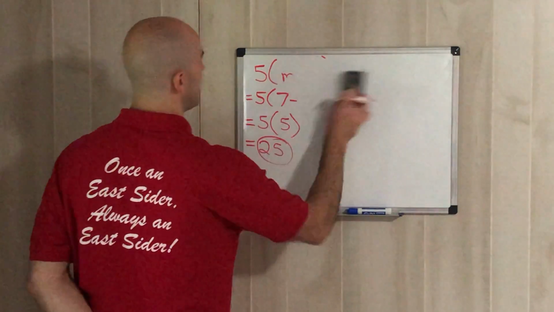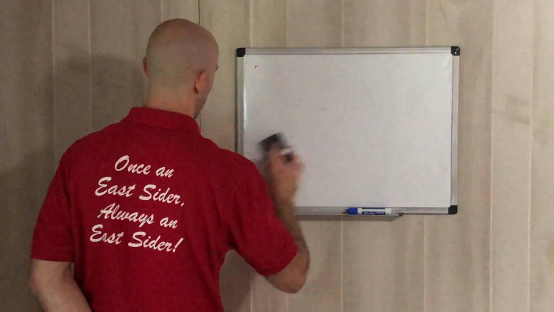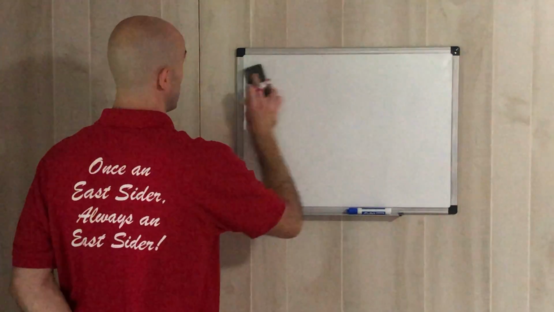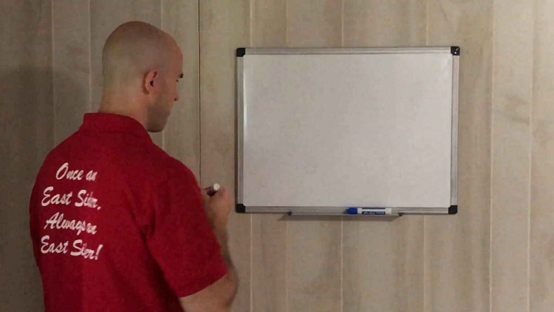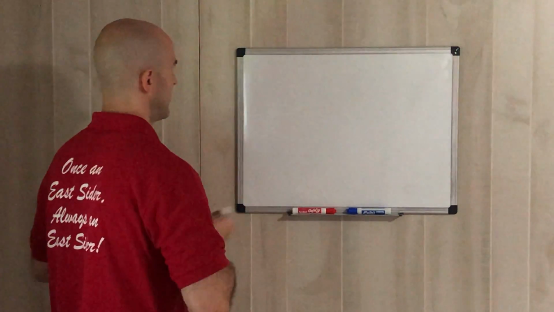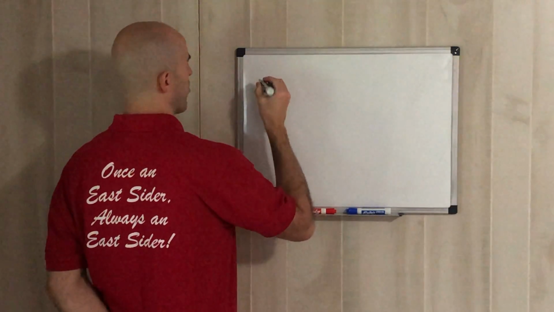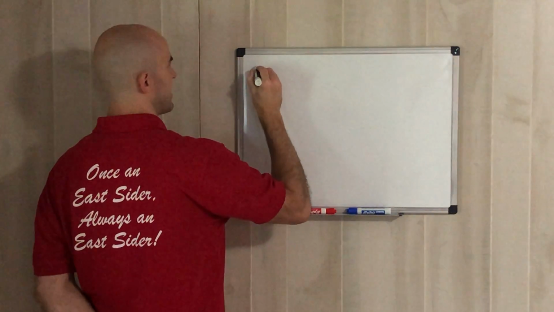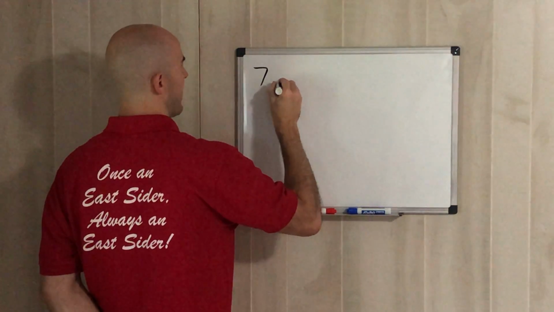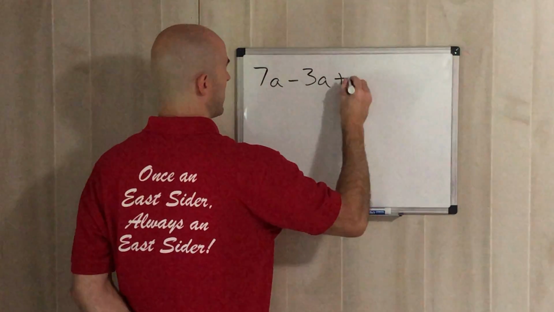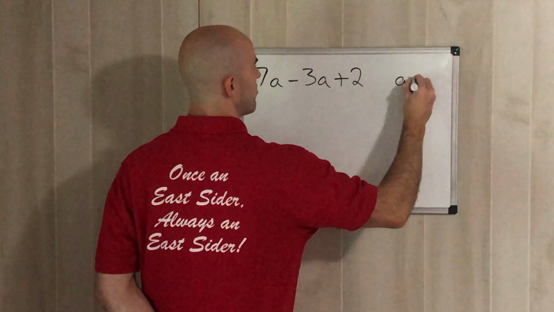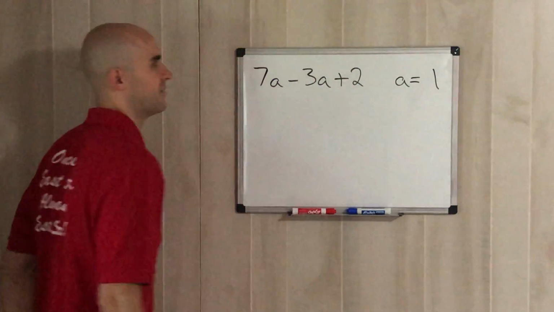Let's go into something a little bit trickier, just to see if you guys can actually handle it, which I'm almost positive you guys can. It's now dealing with multiple variables, right? Even before multiple variables, if I were to see 7a minus 3a plus 2, and let's say that a was equal to 1, right?